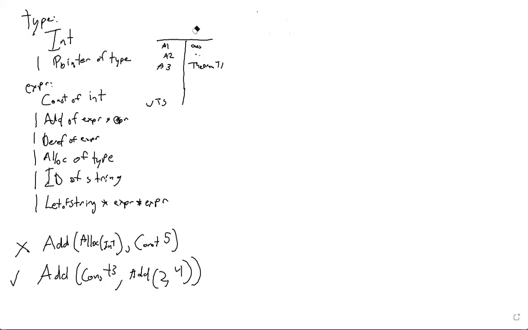So the way we're going to do that is using a different syntax, which I'll show. So what we do is we have horizontal lines, and the thing that is proven goes at the bottom. So let's say we want to prove that 5 is odd, okay?